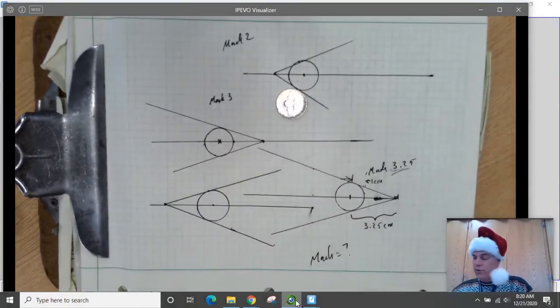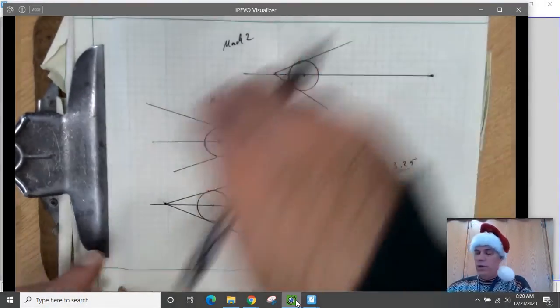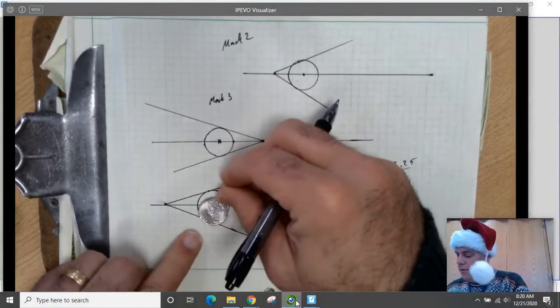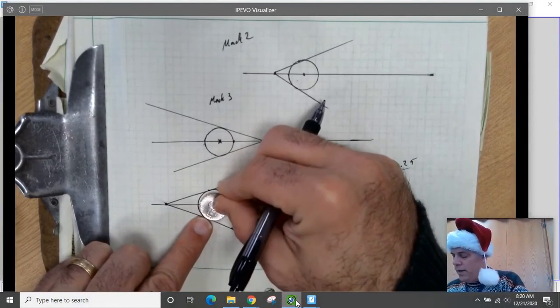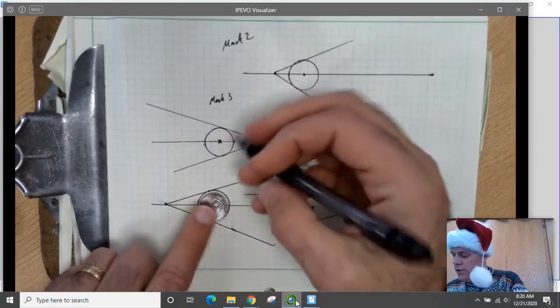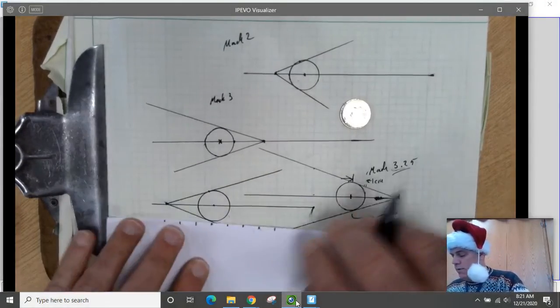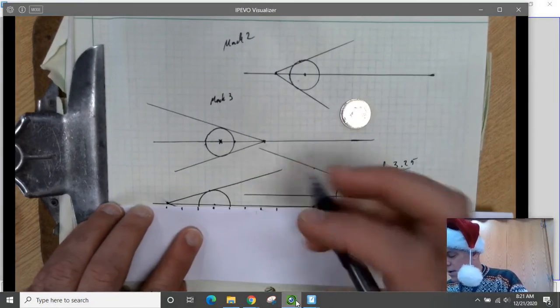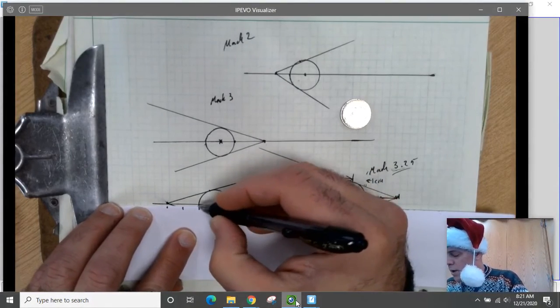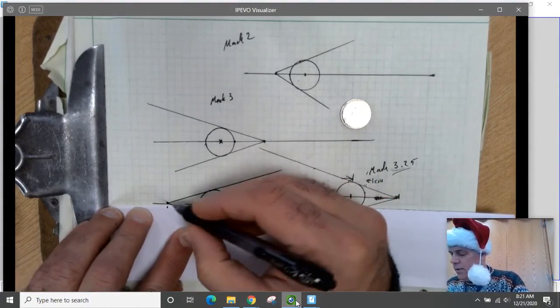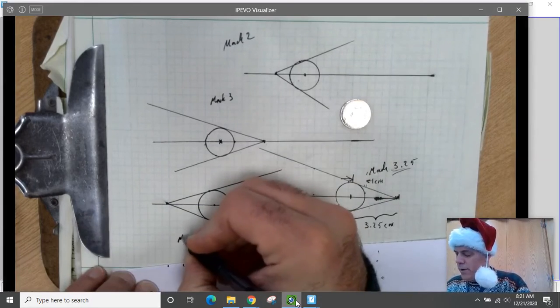If we give you the wedge, you take whatever circle you have, you lay it so it's just touching, draw the circle all around it, use your same ruler and measure and say, okay, the sound went 1 unit and the plane went 3 units. So this is Mach 3.